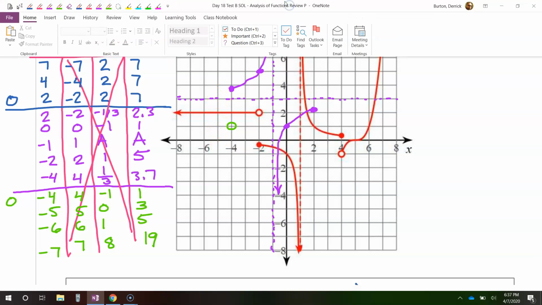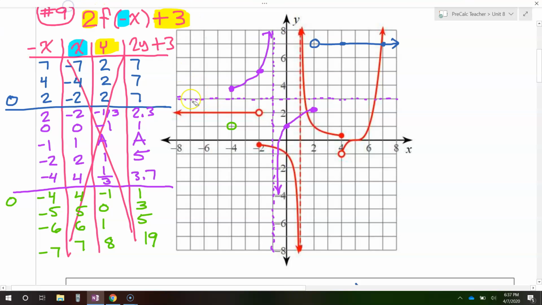Okay, you know what? I think I'll erase the extra asymptote so it doesn't look like that's doing anything, because that only applied to the purple part of the graph. It has nothing to do with this green part. So negative 5 comma 3 is going to be right here.